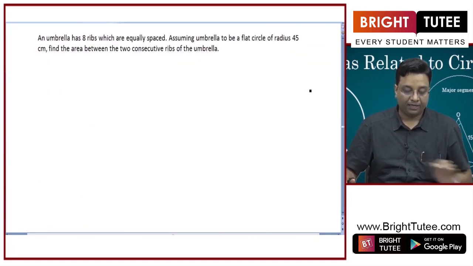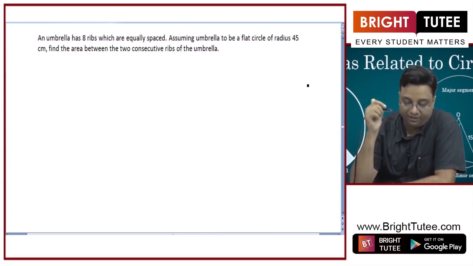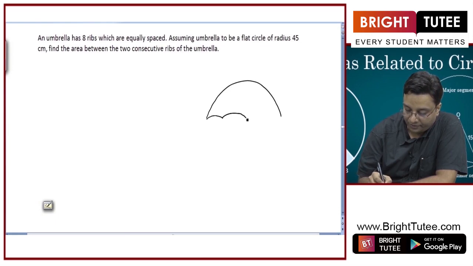Now we have an umbrella which has 8 ribs which are equally spaced. So there is an umbrella something like this.